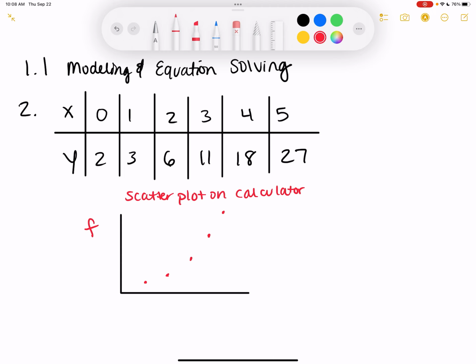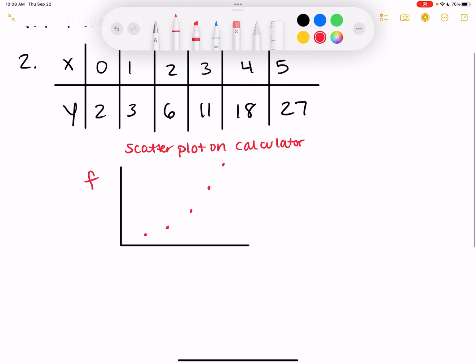Parabola, okay, which is what kind of function? Starts with a Q. Quadratic, okay? So we're going to go to the calculator, and I'm going to write here what it's going to be. Stat, calc, and then it's called quad reg.